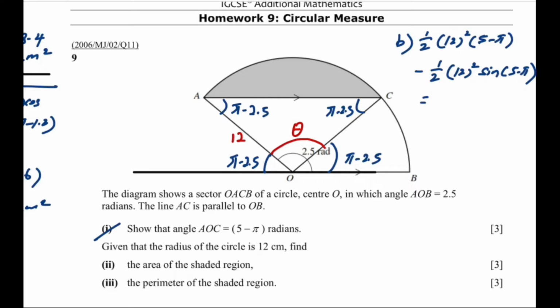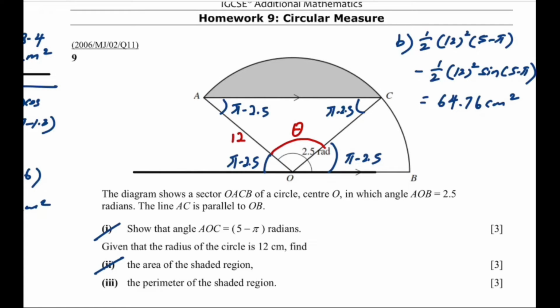There should be something wrong, it cannot be so huge. 1 over 2 r squared theta, 5 minus pi, minus 0.5 times 12 squared times sine of 5 minus pi. I keyed in my answer wrongly. So you should get 64.76 cm square. That's the answer for the shaded area.